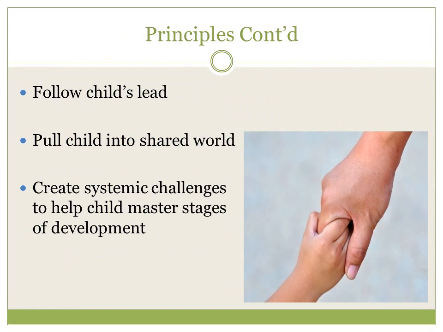The next three principles: follow the child's lead, pull the child into the shared world, and create systematic challenges to help the child master stages of development, are all interconnected. They demonstrate the process by which Floortime helps the child master stages of development. You might be wondering why we follow the child's lead and natural interests, since it is our job to try to teach the child, and the child shouldn't just be allowed to do what he wants to do.